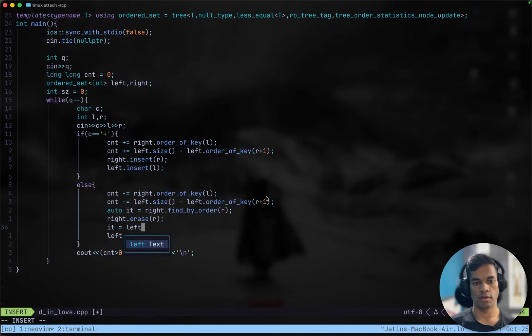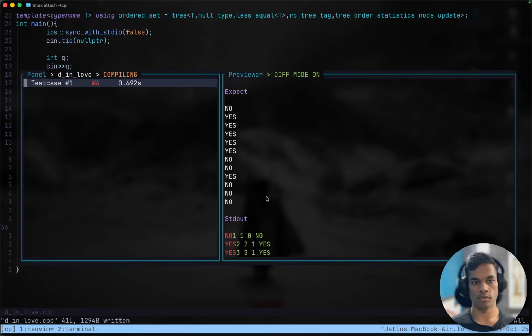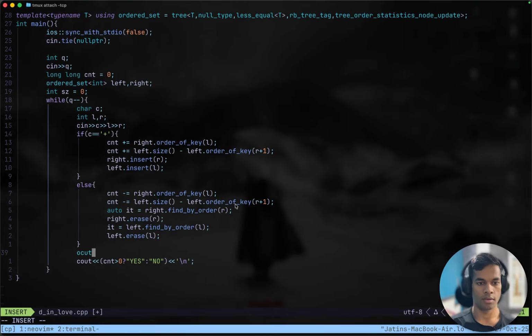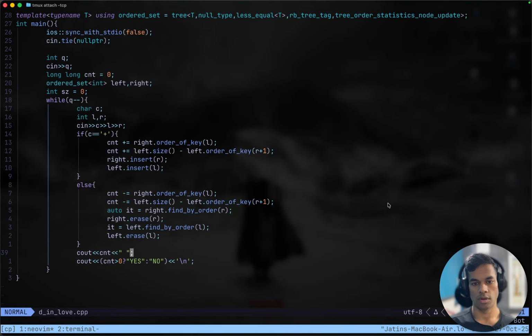Height equals left dot find by order. Find by order, it seems to be, and still... Okay. Not yes, cmp with a little bit of space. Okay, this is still getting -2, so size is still not okay.